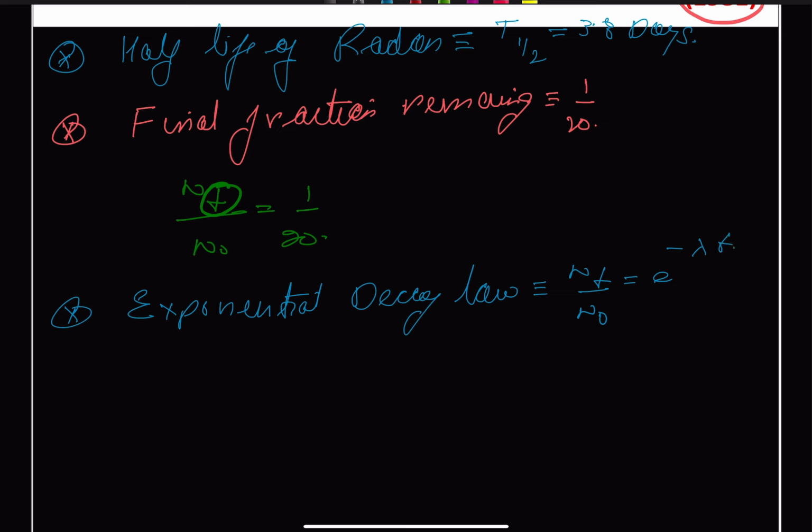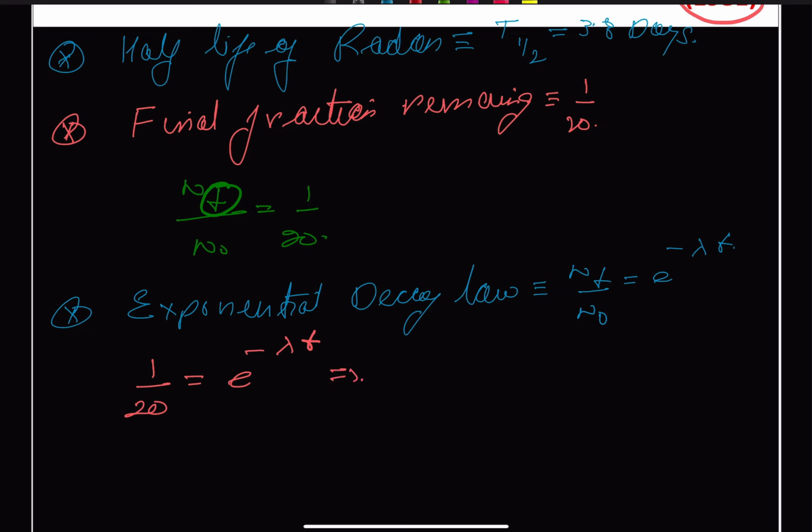N t upon N naught is given as 1/20, so 1/20 is equal to e raised to power minus lambda t.